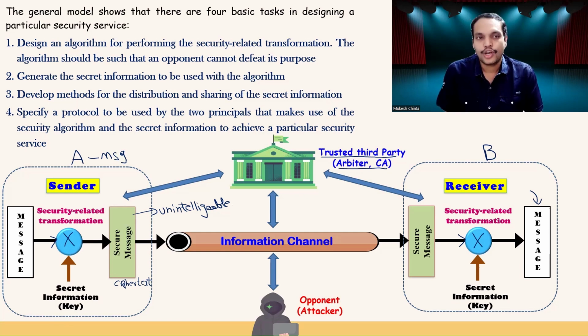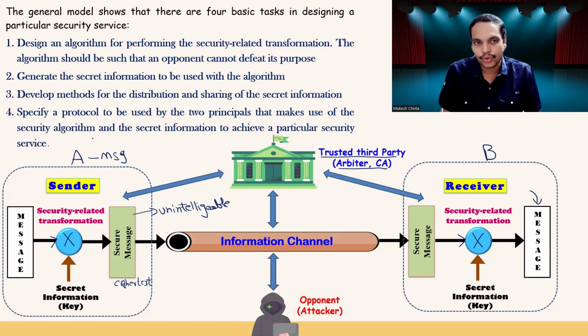The fourth one is you have to specify a protocol to be used by the two principals that makes use of the security algorithm and the secret information to achieve a particular security service. What this actually means is that it has to be in some kind of standardized manner, isn't it? So you have to design a protocol which says, okay, you use this algorithm with this particular key, and then you send the ciphertext in this particular manner.